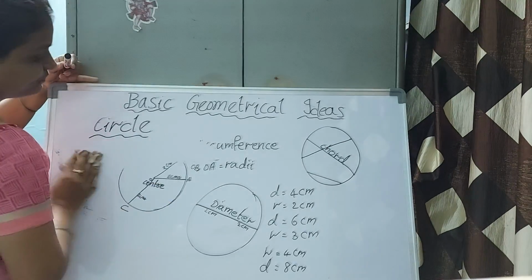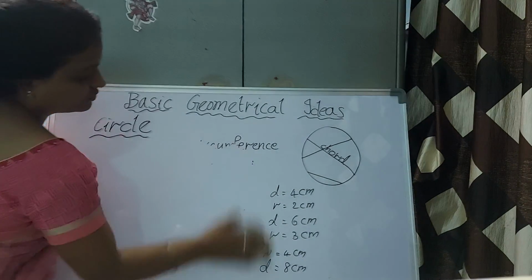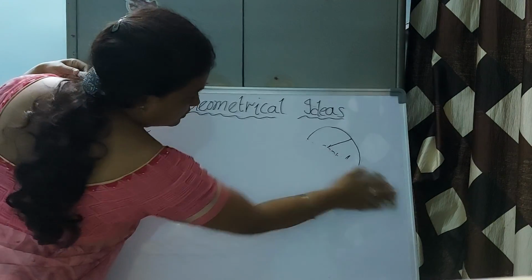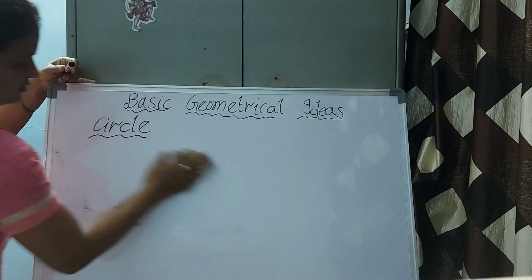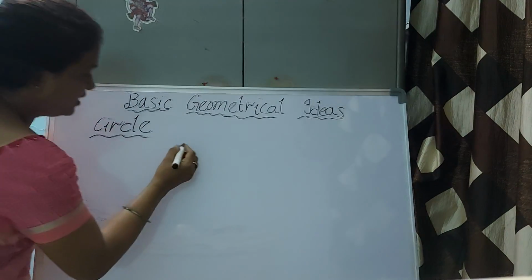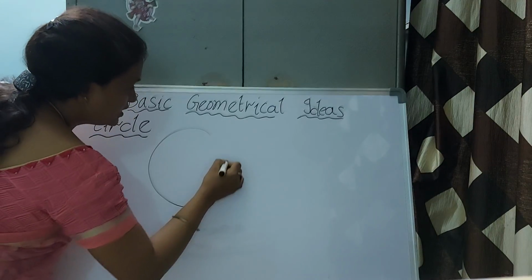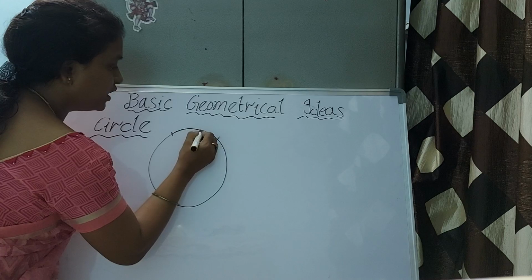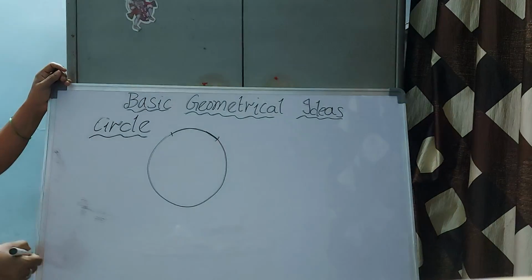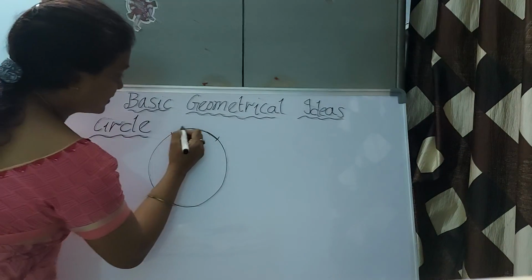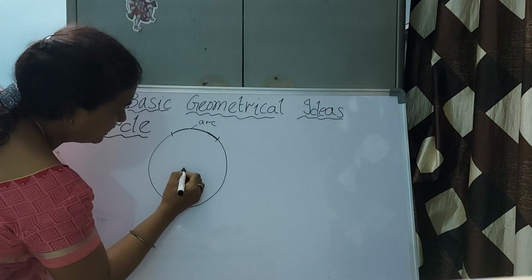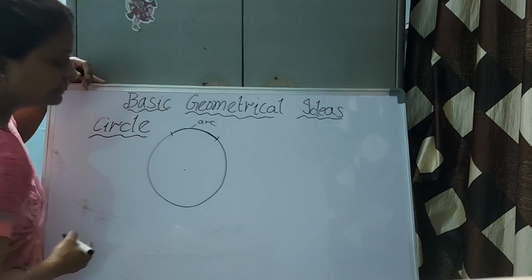Next one is part of a circle. See, this is a circle. If you take only one part, only this one, we call it an arc. This one is known as an arc. And this is the center.